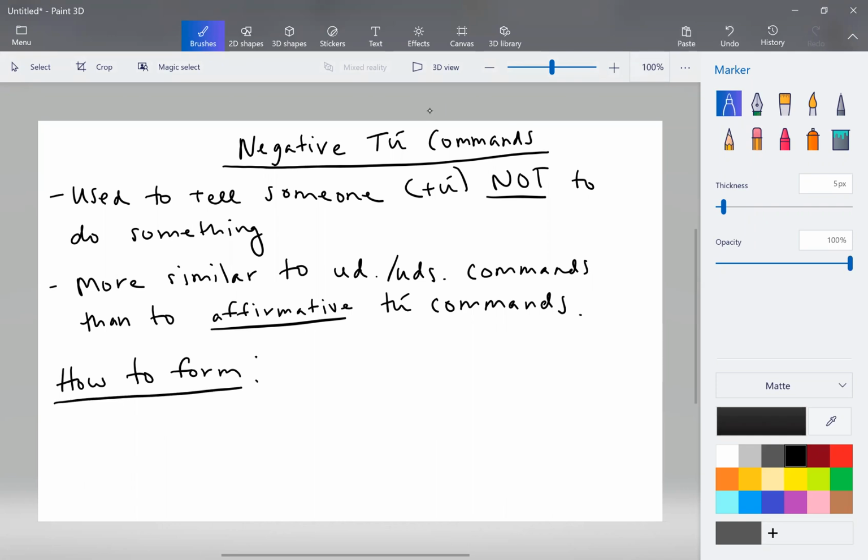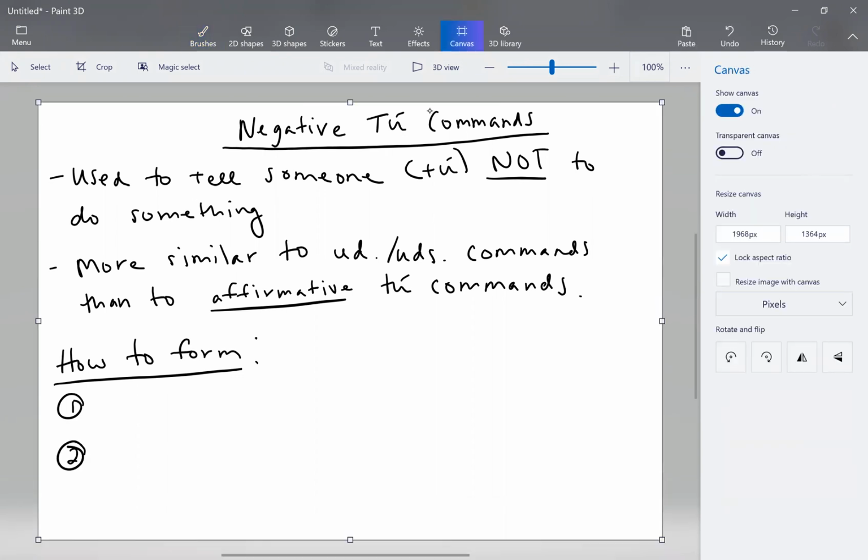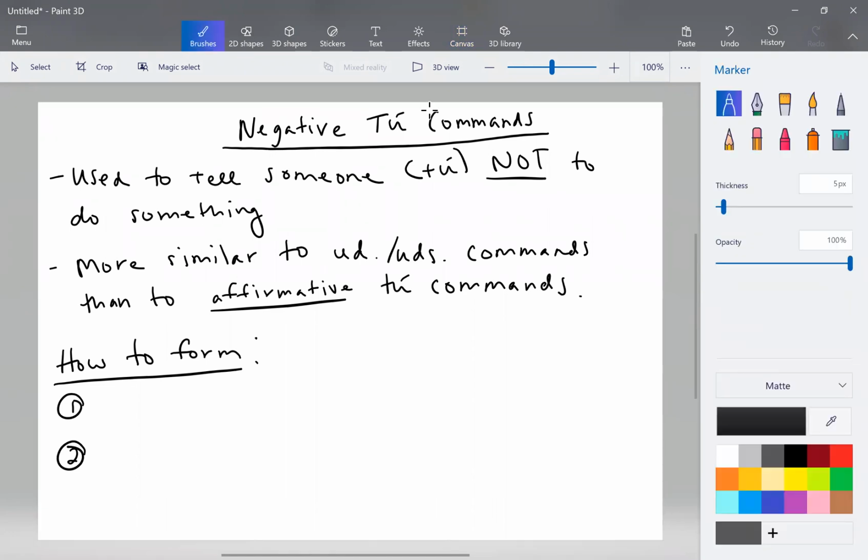So knowing that they are more similar to usted and ustedes commands, how do you think you'd form a negative tú command? What would our first step be? You put the verb in ustedes form. Not quite.